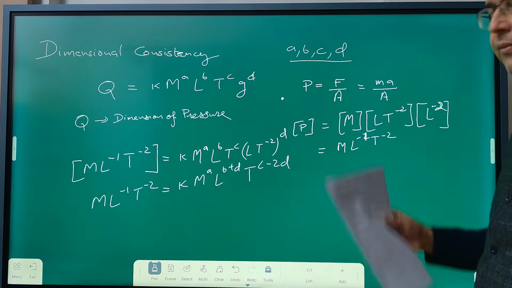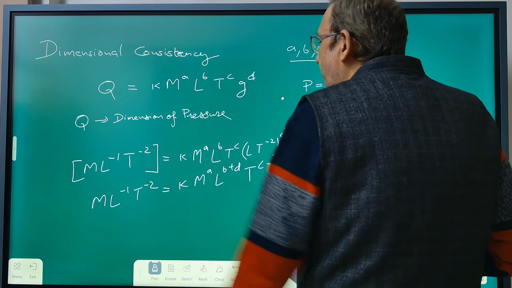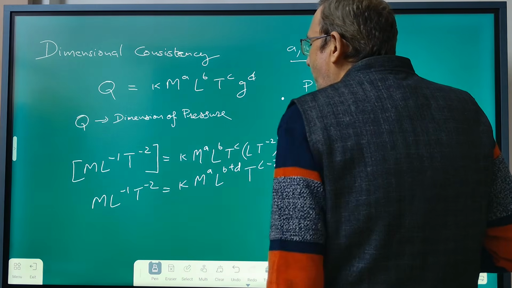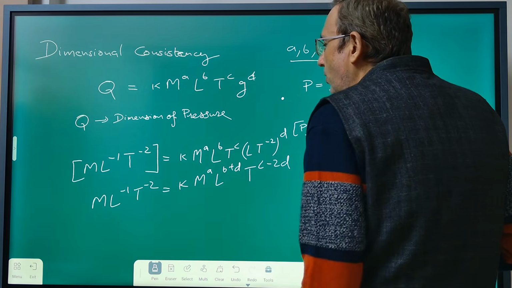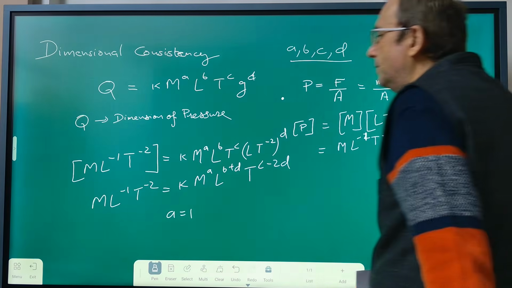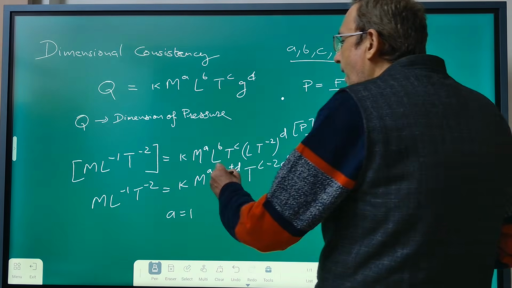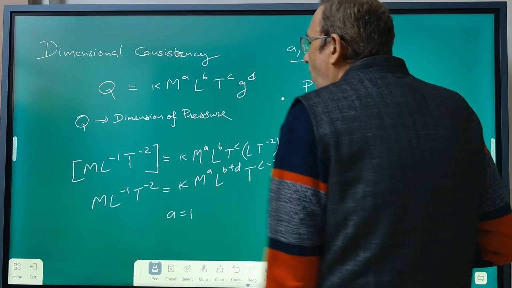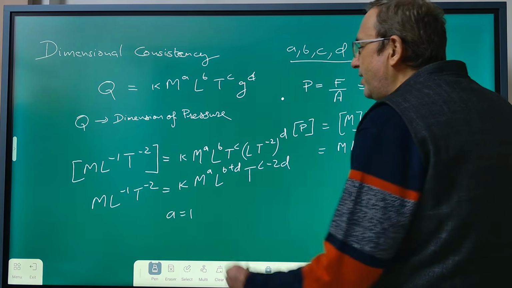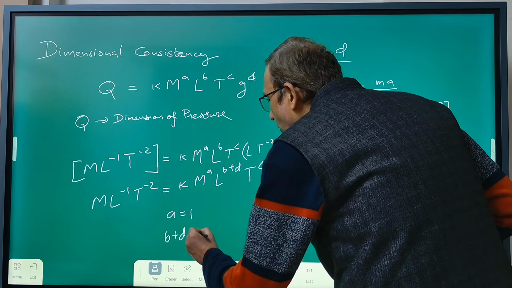Then you have these equations that you can derive. Since M is raised to power 1 on the left hand side and M raised to power a on the right hand side, a becomes equal to 1. That is the first equation. Similarly, L is raised to power minus 1 on the left hand side and b plus d on the right hand side, so b plus d is equal to minus 1.